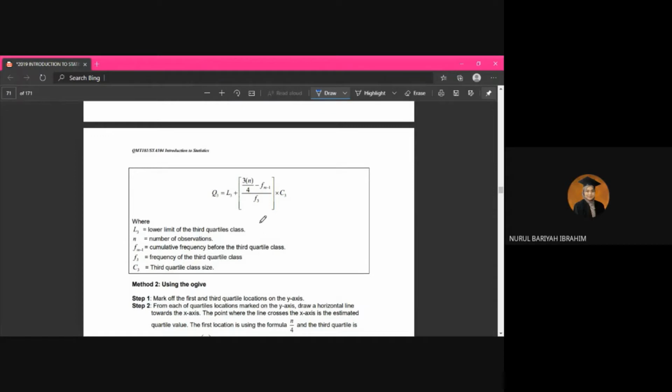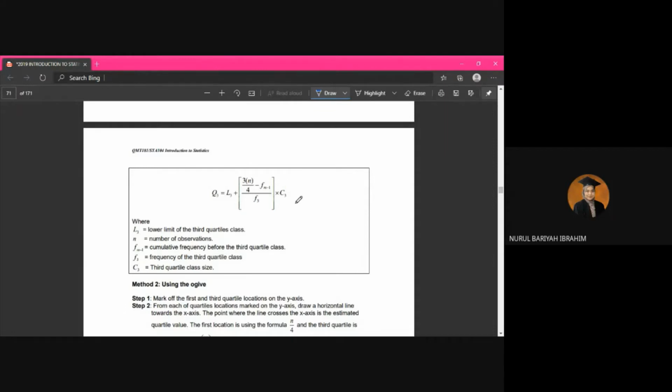Because of that, first of all we need to know which classes contain Q1 and Q3, because we want to put down the lower limit. Then 3n divided by 4 minus F(n-1), which is the cumulative frequency before the third quartile class, divided by F3, multiplied by C.